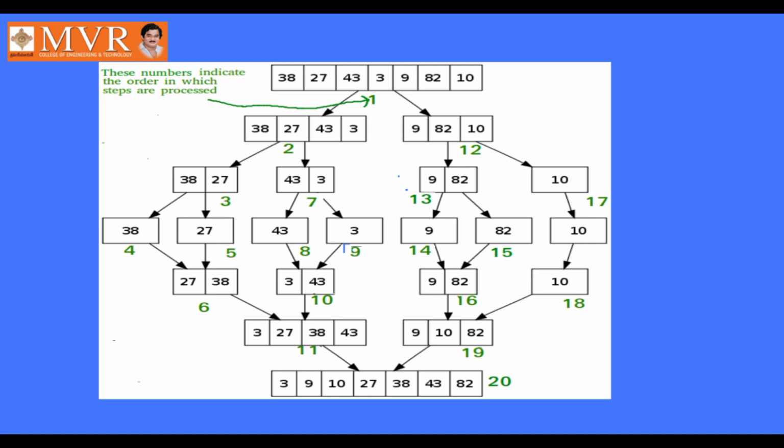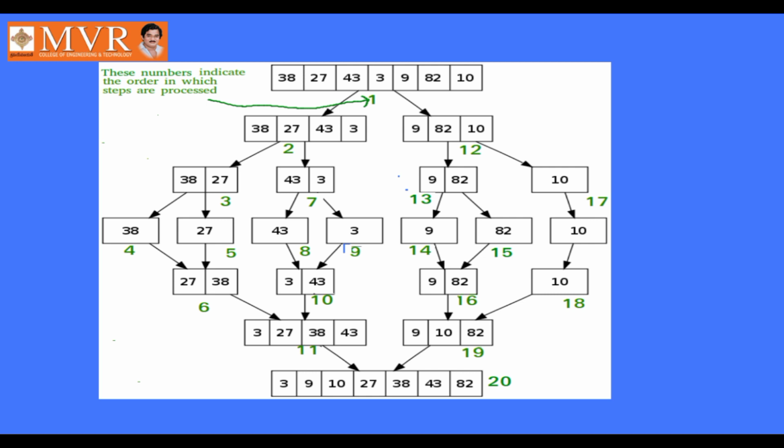Consider the list of elements, that is 38, 27, 43, 3, 9, 82 and 10. Here I calculate the mid value. First I give the numbers for the array of elements. If I start with 0, I give 38 as 0, then 1, 2, 3, 4, 5 and 6.